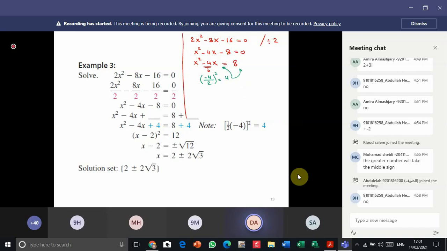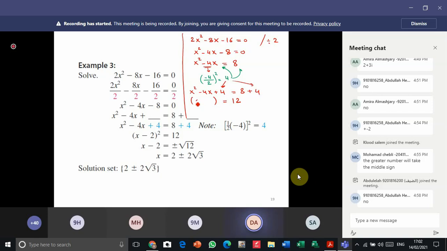Okay. Now we have x squared minus 4x plus 4 equals 8 plus 4. This plus 4 we added here and here, on both sides.